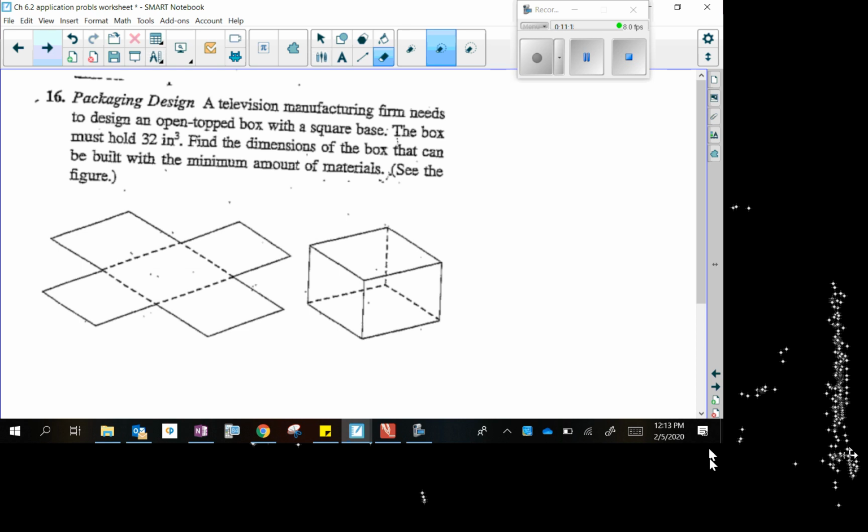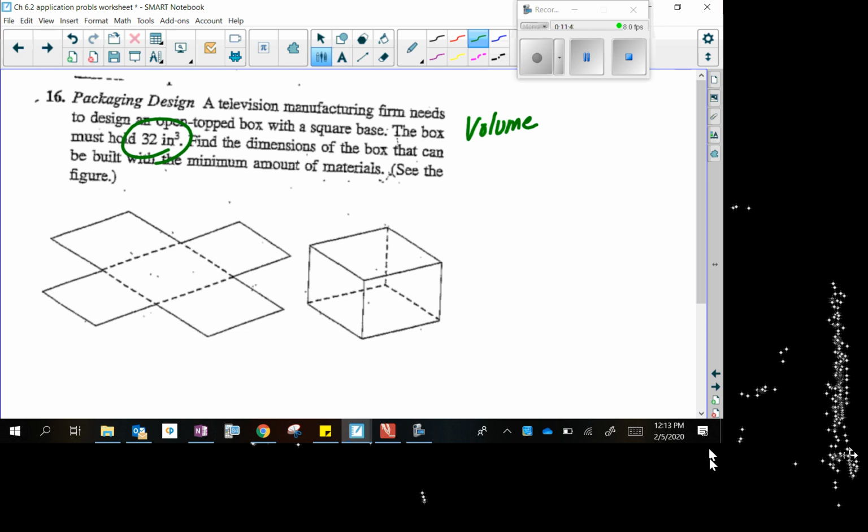Okay. So we know it has to hold 32 cubic inches. That is the volume of a box, and we want to find the dimensions. They're talking about having the smallest box that would still hold 32 cubic inches, open-topped, all right?